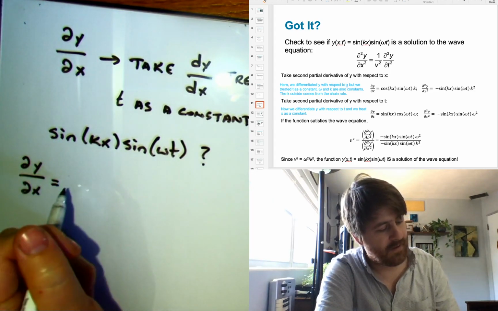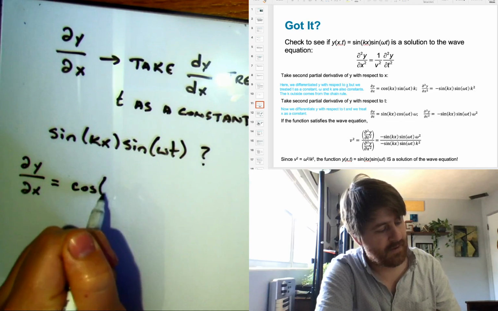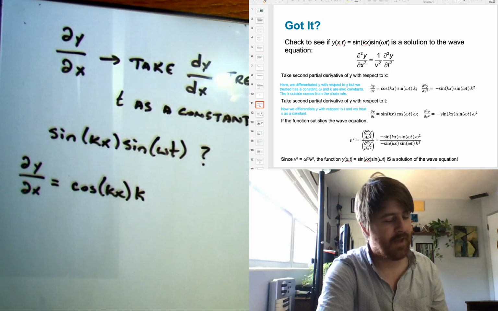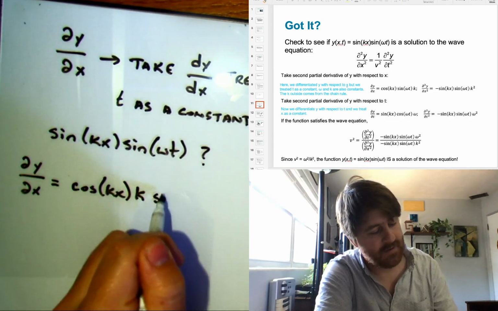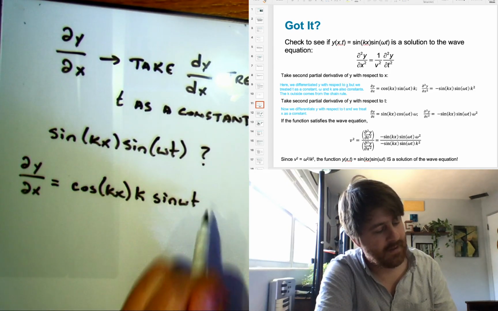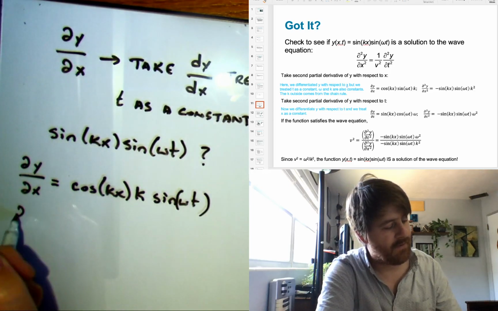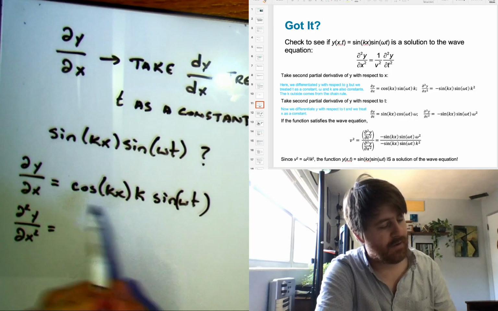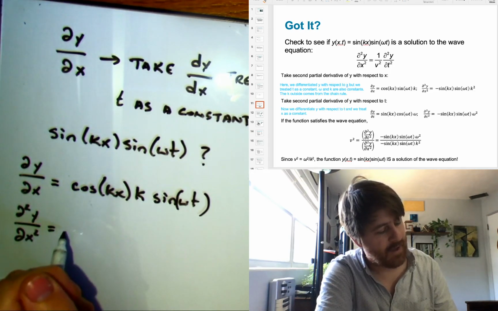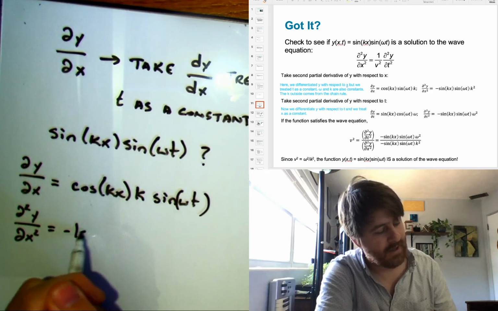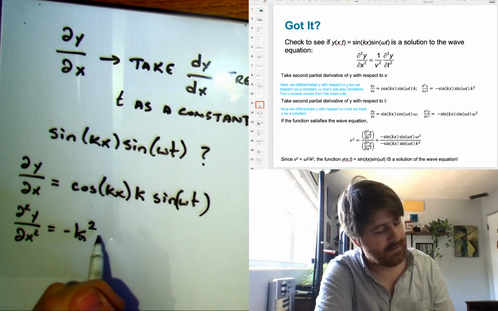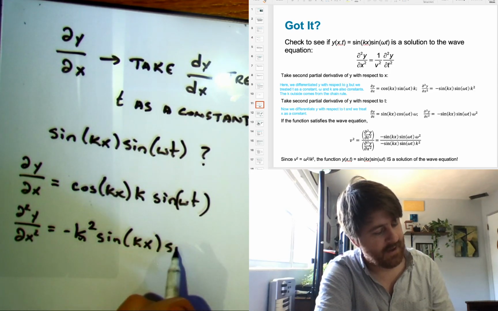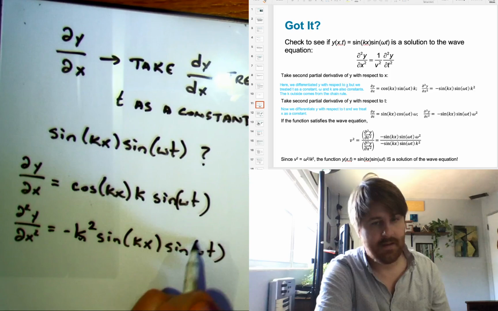So I have cosine kx times k from the chain rule, right? Derivative of kx is k, times sine omega t. Now I take the second derivative. Derivative of cosine is minus sine, so I get minus, chain rule, k squared sine of kx sine omega t.